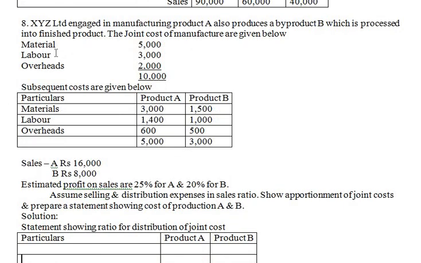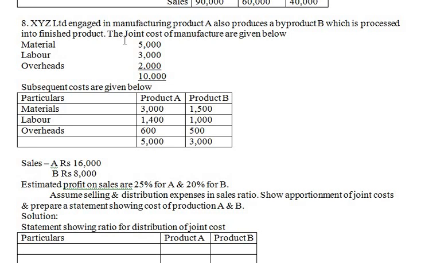Here is the problem. XYZ Limited, engaged in manufacturing product A, also produces a byproduct B, which is processed into finished product. The joint cost of manufacture are given below: material 5,000, labor 3,000, overheads 2,000, total is 10,000.